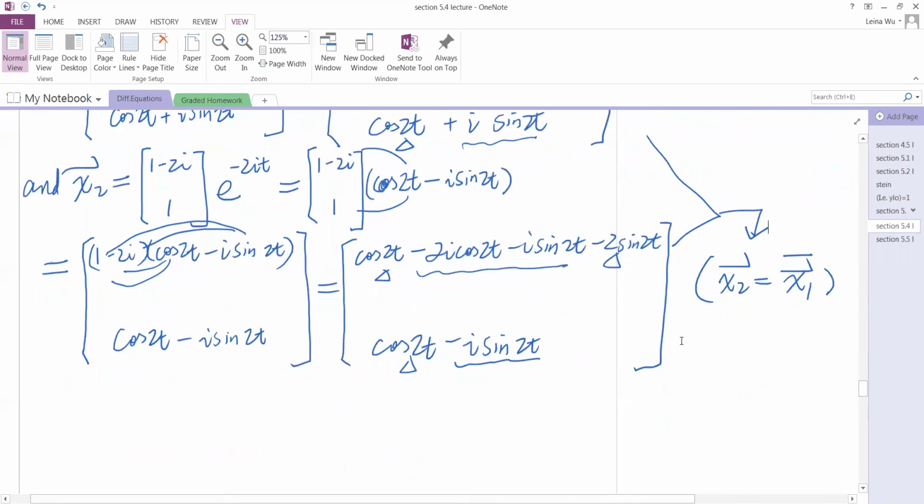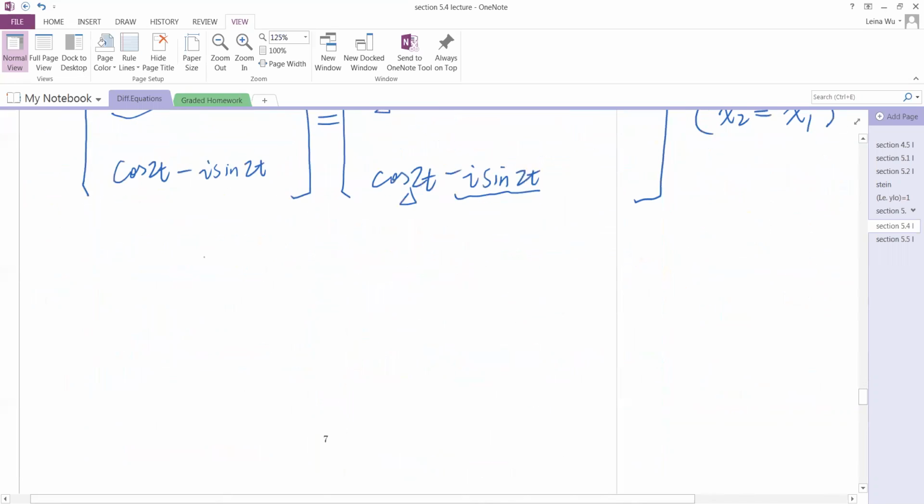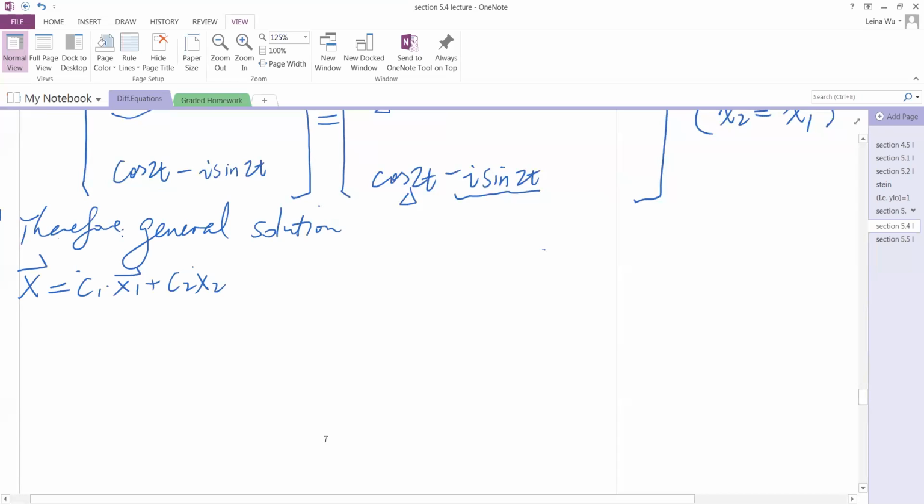Okay, so let's see. Therefore, the general solution will be x bar. Let's use whatever we learned last time: C1 times x1 plus C2 times x2.